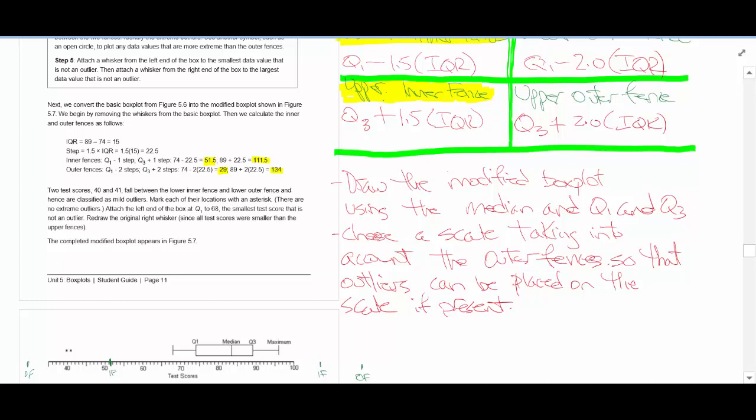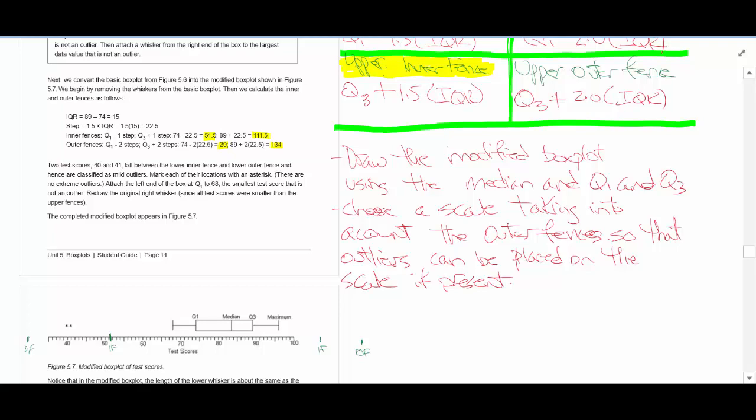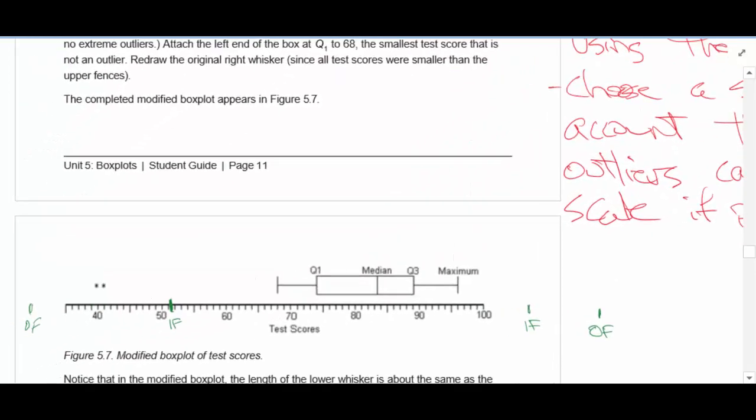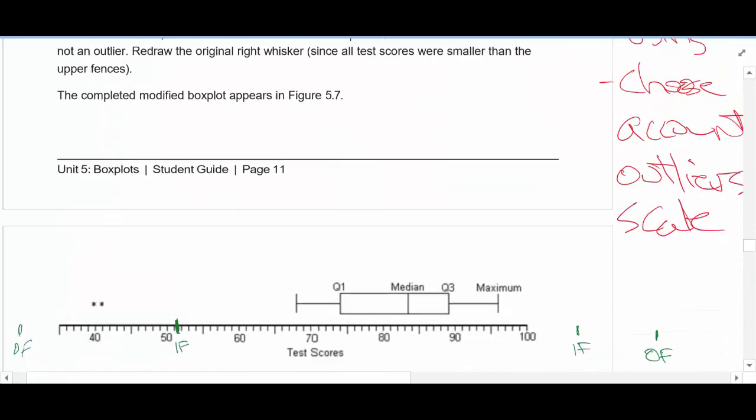Now, outliers are values that are between the, let's just take an example. So in the modified box plot in your notes, here I'll expand it a bit so we can look at it better.